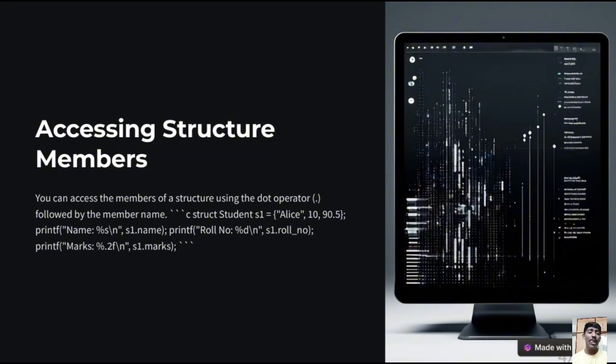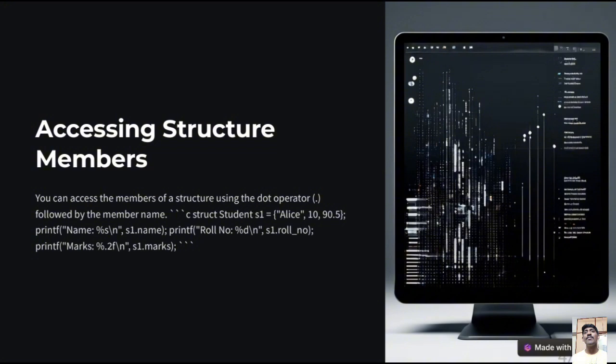Moving on to the structure without a tag name, the syntax is struct, then data type member 1, data type member 2, and we close the structure with variable 1, variable 2, variable 3. Comparing with the example: struct with char name, int usn and float marks, closed with s1, s2 and s3.